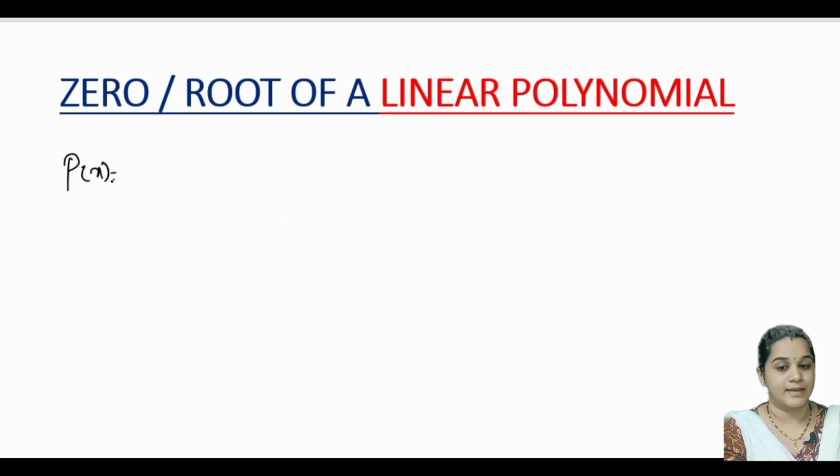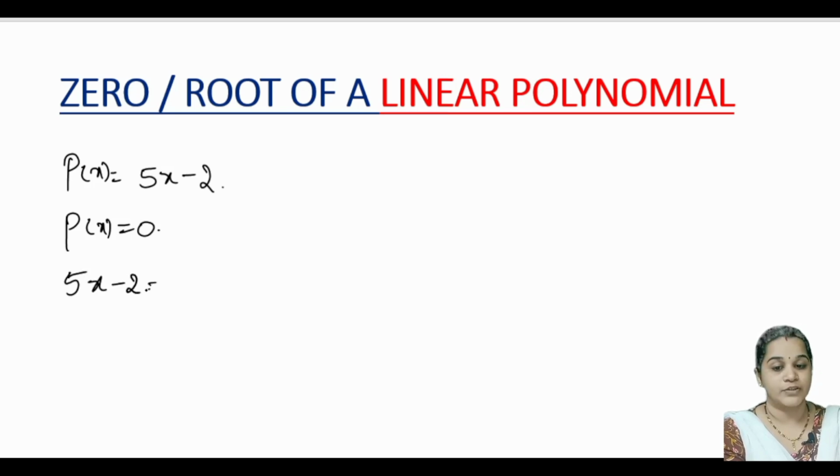P of x equal to 5x minus 2. It is a linear polynomial because the degree of this polynomial is 1. So to find a zero of a linear polynomial, we equate the linear polynomial to 0. Hence p of x equal to 0. That implies 5x minus 2 equal to 0 and 5x is equal to 2.